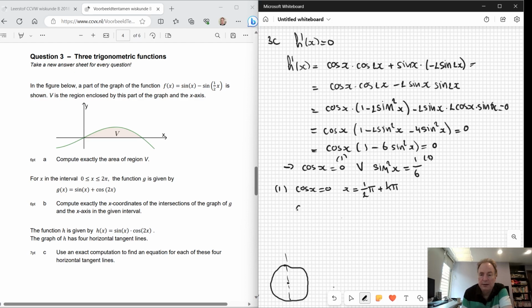The cosine of 2x at these points, you can write 2x is pi plus 2k pi, and at pi plus 2k pi, the cosine is always -1.